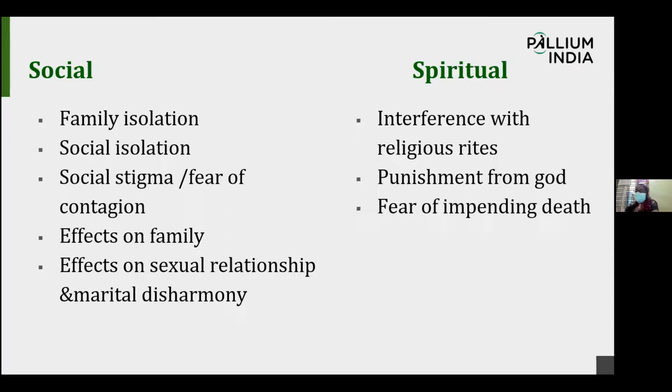And social isolation will affect the patient emotionally, because friends, relatives, neighbors are not willing to see this type of patient, because of their misconception of the disease. Social stigma will be there, fear of contagion will be there, and effects on family.